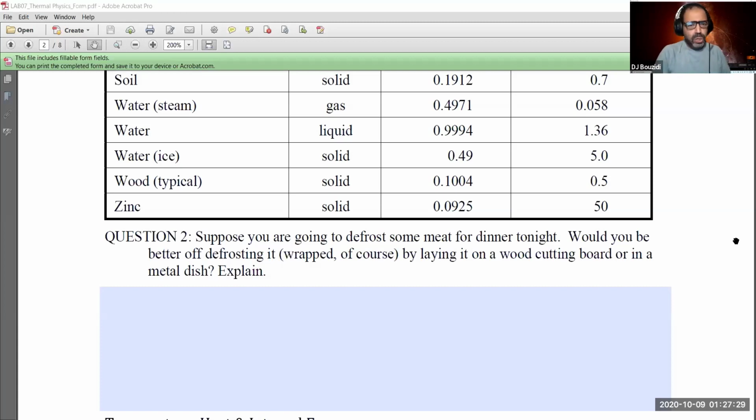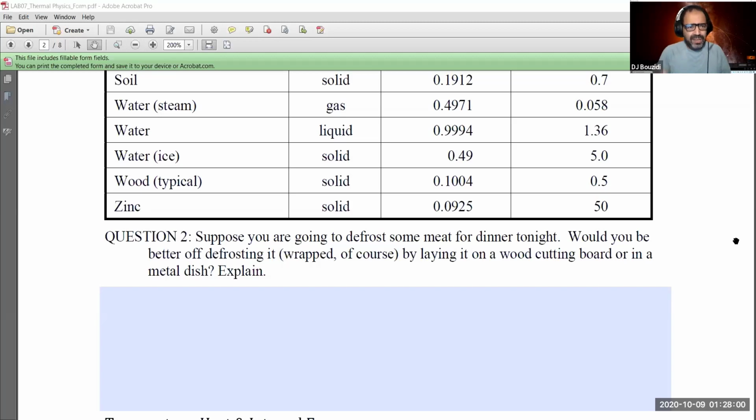Would you be better off defrosting it, wrapped of course, we don't want to mess up the meat, by laying it on a wood cutting board, which is another option for this experiment, especially if it's small enough, and maybe another one made out of metal? That's another way of doing it instead of spoons, so you don't have to do spoons for this experiment. Or in a metal dish.